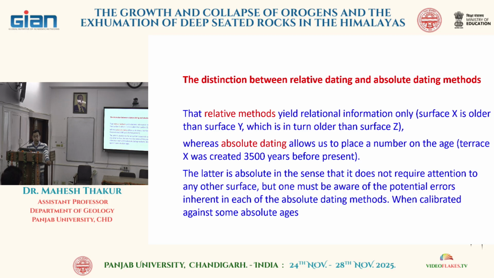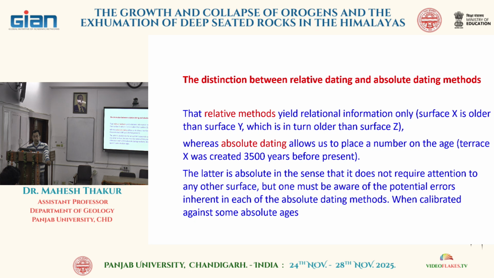methods. The relative methods yield relational information only: surface X is older than surface Y, which is in turn older than surface Z, as we do in geology. So this is a relative method of dating. Whereas absolute dating allows us to place a number on the age.